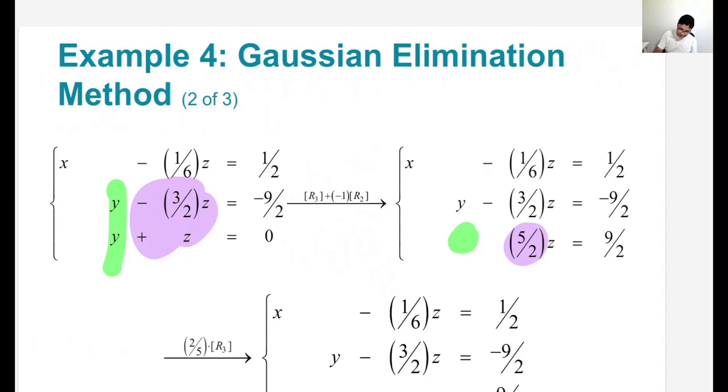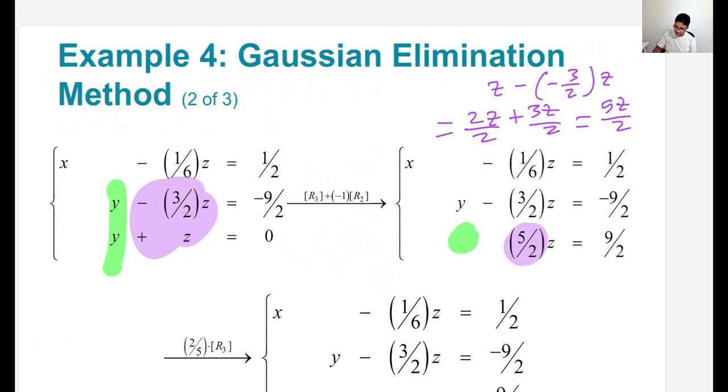Now that, if you don't see it immediately, you might want to do that on the side. So you're doing z minus already negative 3 over 2 of z, right? Then you take common denominator, this will become z plus 3z over 2, multiply by 2 and 2, up and down, so they have common denominator, so that becomes 5z over 2, which is what you see here. You can do that work on the side or use a calculator where you need.